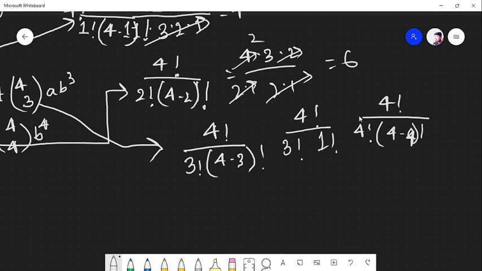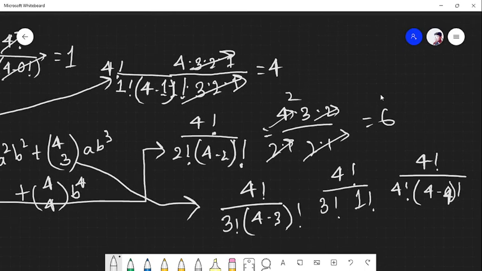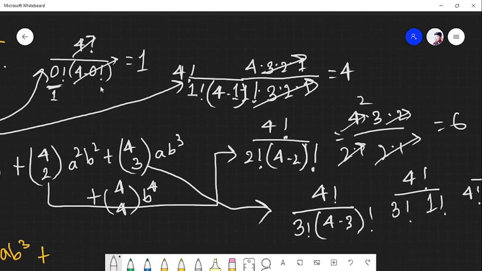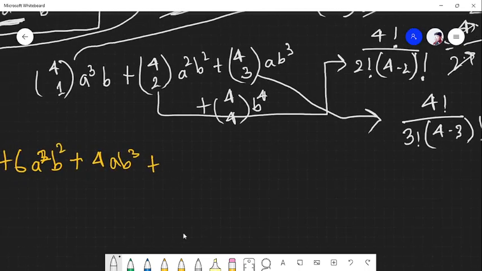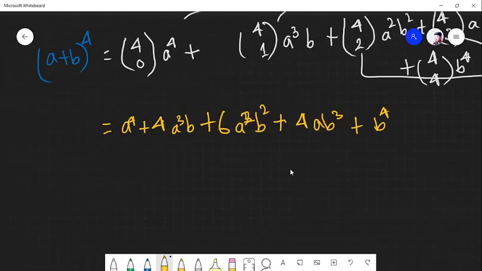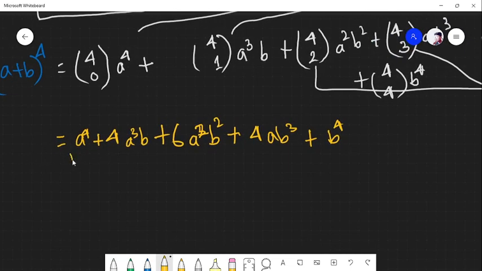So it's the same as this one, because 4 minus 4 is 0, so it will be 4 factorial into 0 factorial, and at the top it will be 4 factorial. You can just cut them down, and 0 factorial is 1, so this is also 1. This is just b to the power 4. So this is the expansion of a plus b to the power 4.